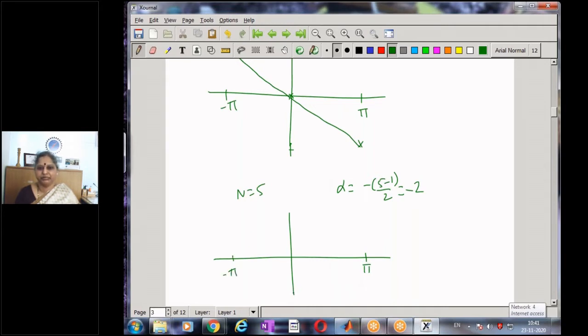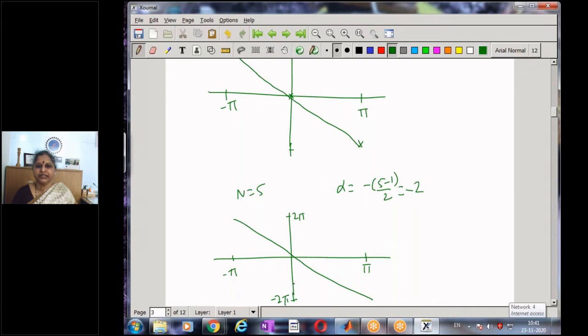at pi what will happen is this is going to become minus 2 pi, because my slope is now 2, and similarly at pi it's going to become 2 pi. Now when I plot this response, this is going to be my plot.